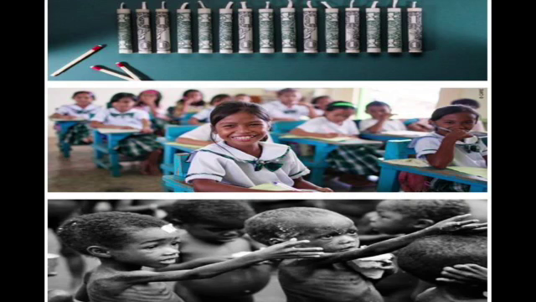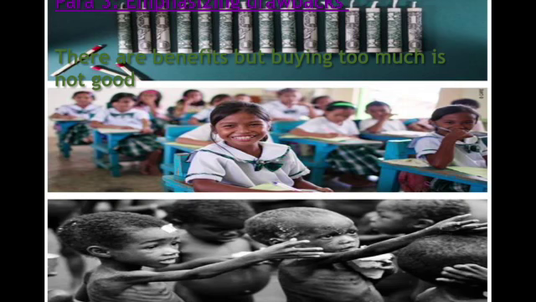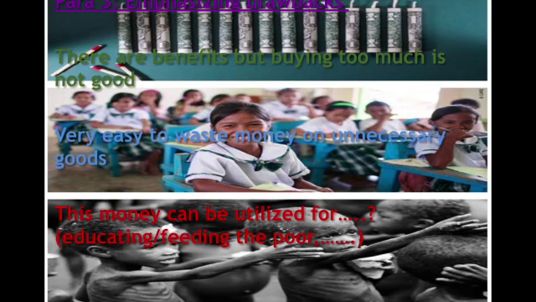So to include this detail, we create the last paragraph emphasizing the drawbacks and also talking about some alternative measures we can take instead of wasting money. So we say there are of course benefits to buying too much, but that's not good. So it should contain this message, but it should not be the exact sentence, by the way. And we can talk about how it's very easy to waste money on unwanted things. And so this amount of money can be spent on educational purposes, educating the poor, or some other charity work.